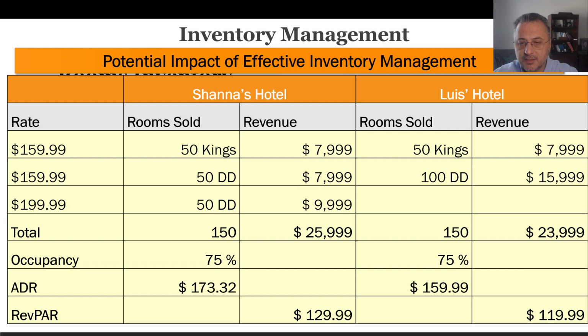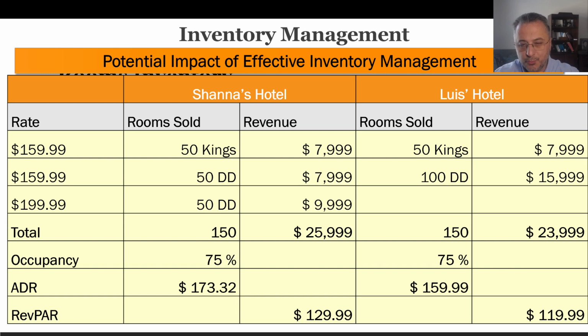Shana realizes there is a gymnastic competition coming. The young girls usually travel with parents and prefer double beds. So Shana eliminates the discount for DD rooms.